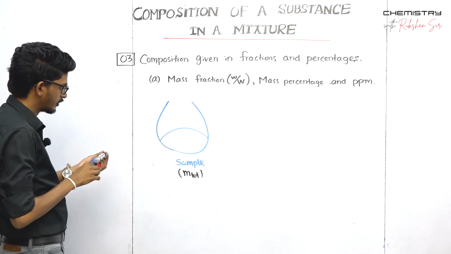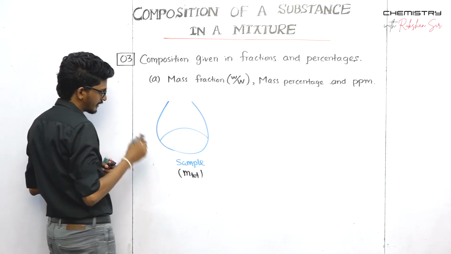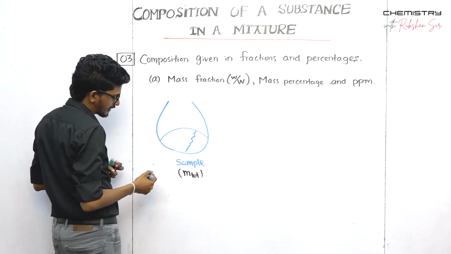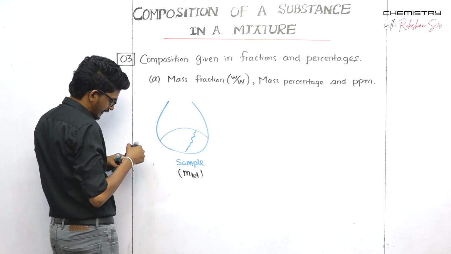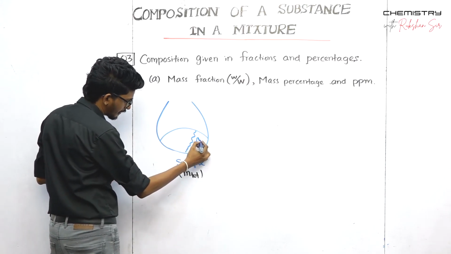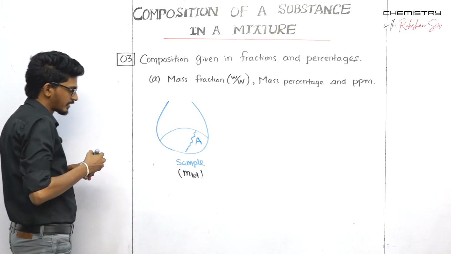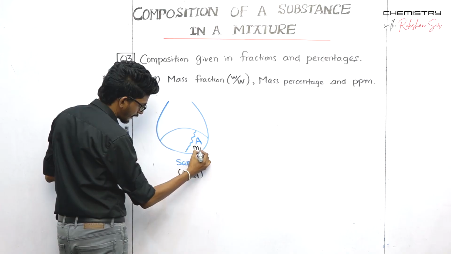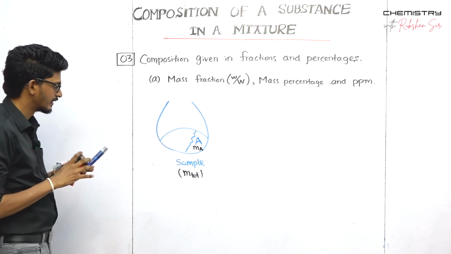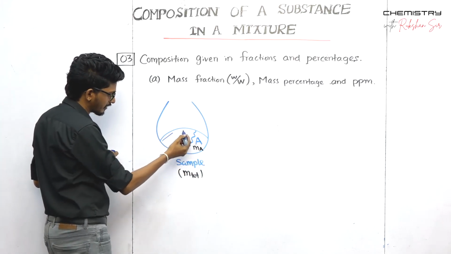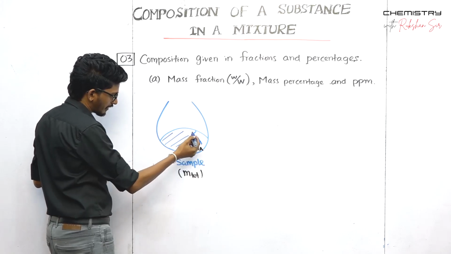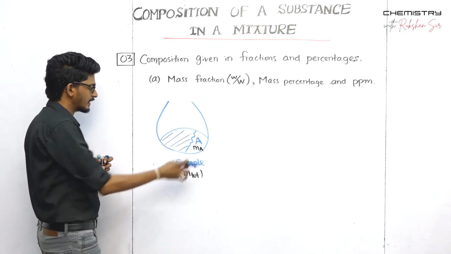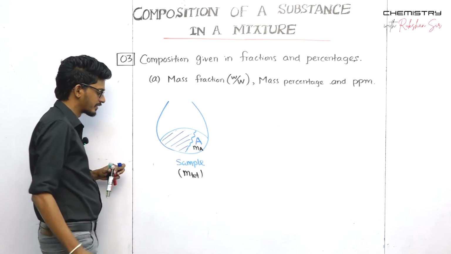Then let's say you have a chemical A, and let's say its mass is Ma. You have a chemical A in your sample, and some other stuff as well, impurities. So A is there, and it is with a mass Ma.